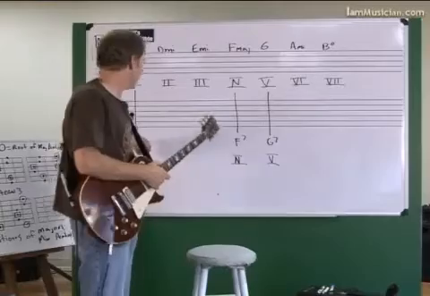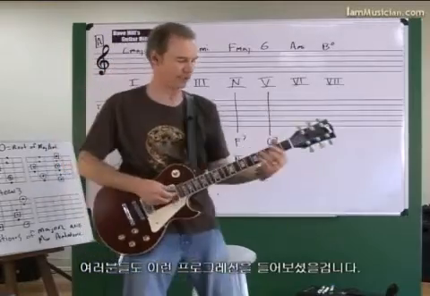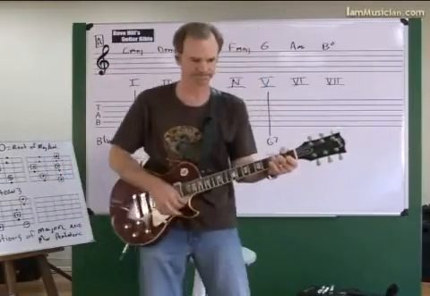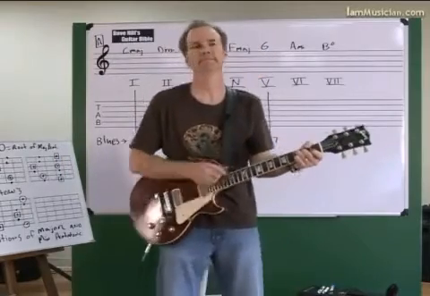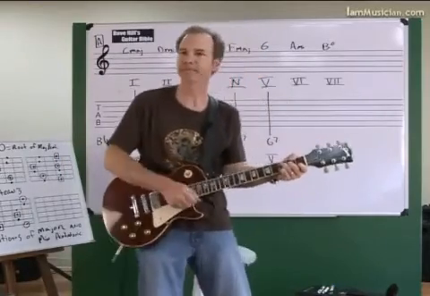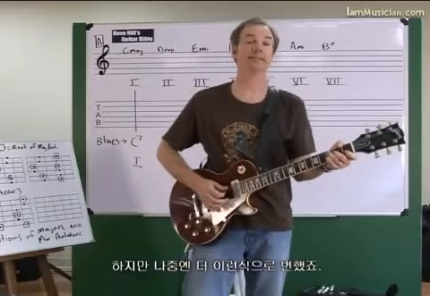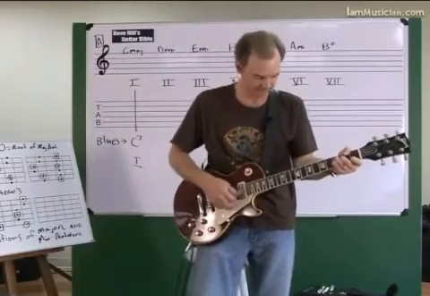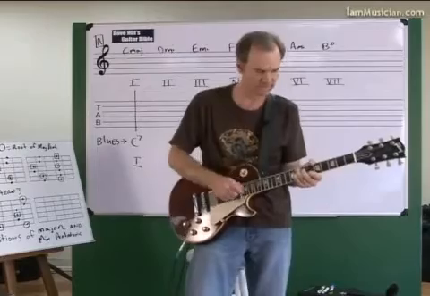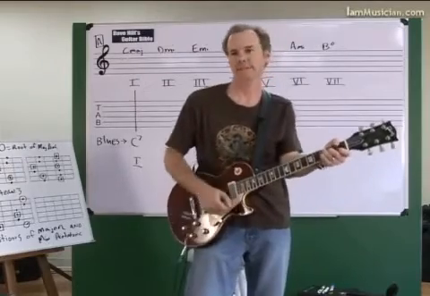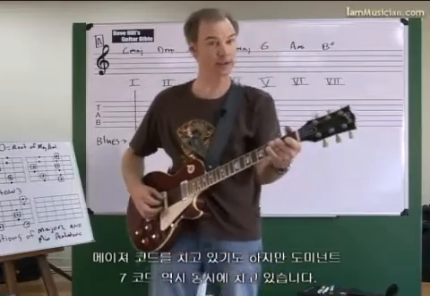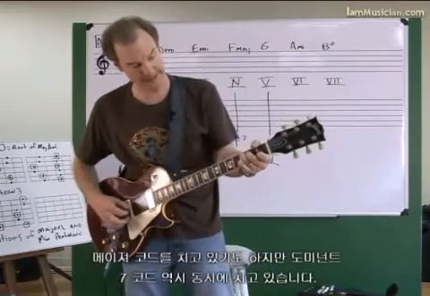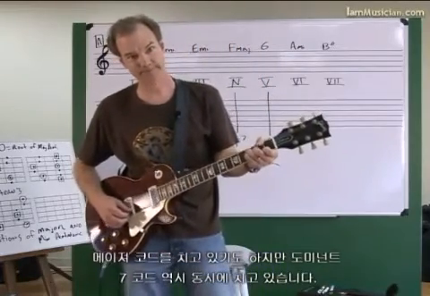So what that means now is you might have had a progression that sounded like this. That eventually became more like this. Notice I'm playing not only a major chord, but a dominant 7th chord.